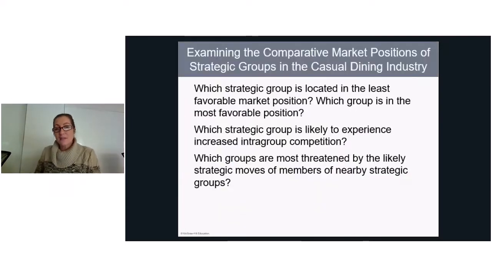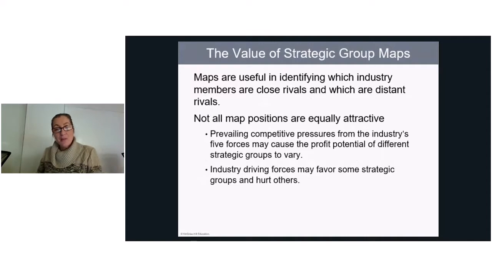All right, so then we examine these market positions in the casual dining industry, and we ask ourselves which organisation is the most favourably positioned, and which organisation is most likely threatened by moves, and we'll do that in class. The value of these maps is that they're a very useful analytical tool, but not all maps are equally useful or attractive.